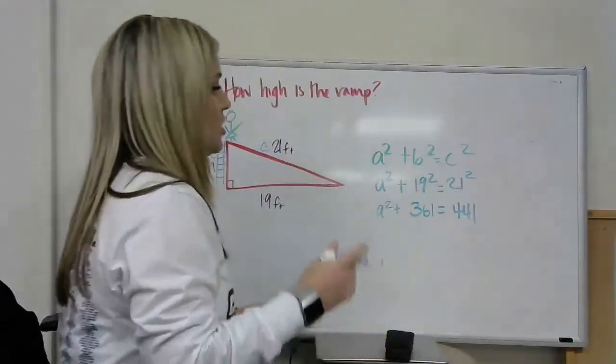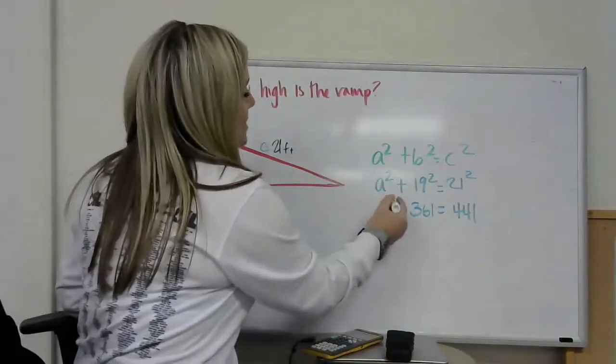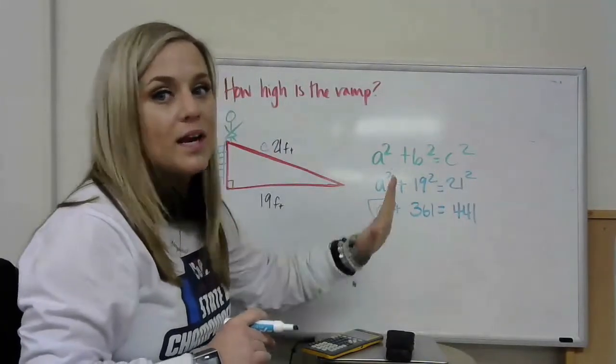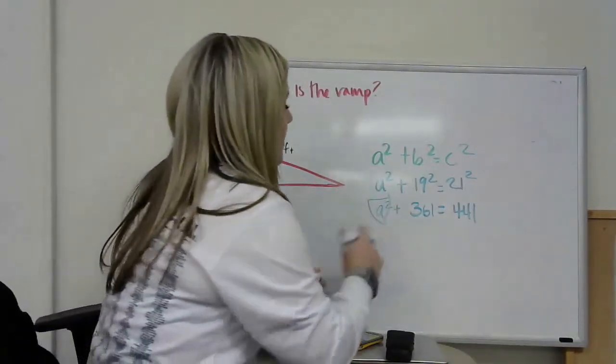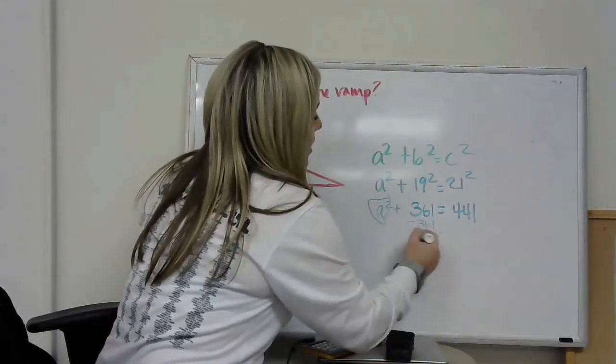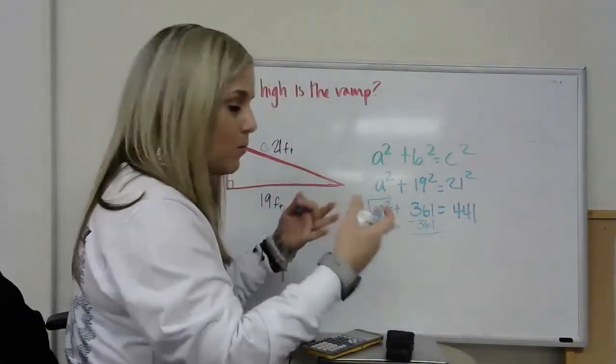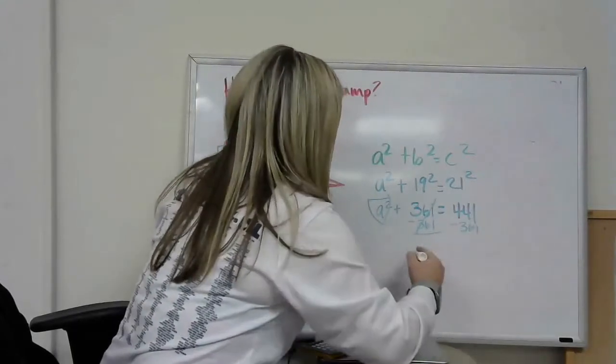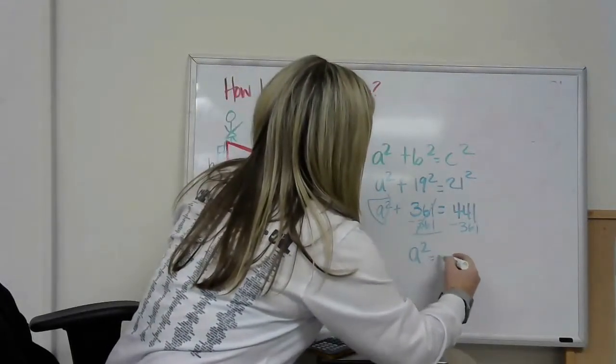Now my goal is to isolate the a. I want to get a by itself so I can figure out what it equals. I'm going to subtract 361 over here because it's positive and I want to get rid of it. And what I do to the left side, I have to do to the right side. We come up with a squared is equal to 80.